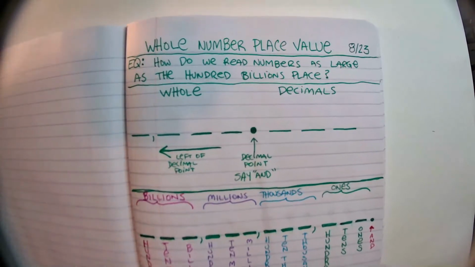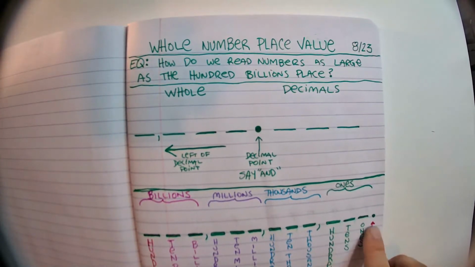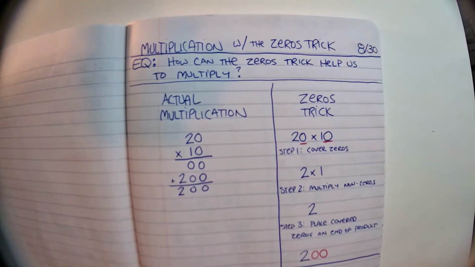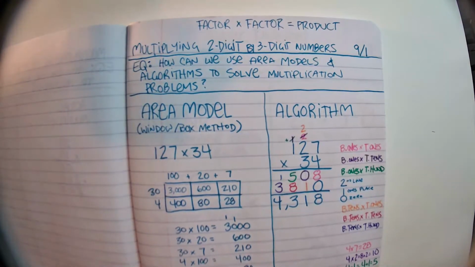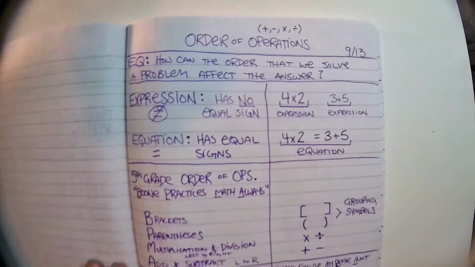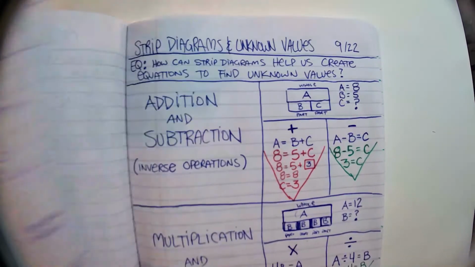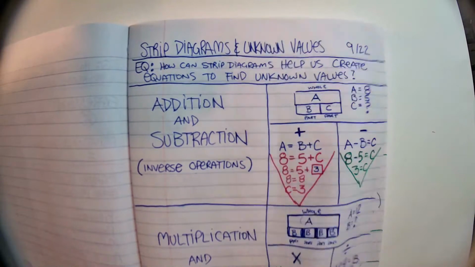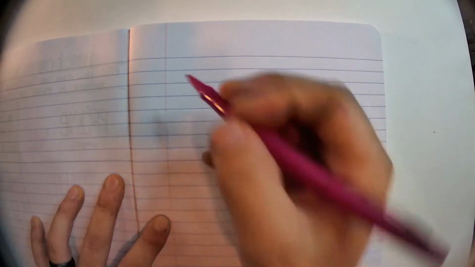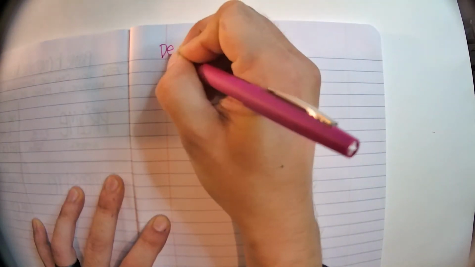So far this year, whole number place value. Remember, we're starting basically right here at the end. Estimation, multiplication with the zeros trick, multiplying two-digit by 3-digit numbers, basic division, order of operations, strip diagrams and unknown values, prime and composite numbers, and then today we're going to work on decimal place value.